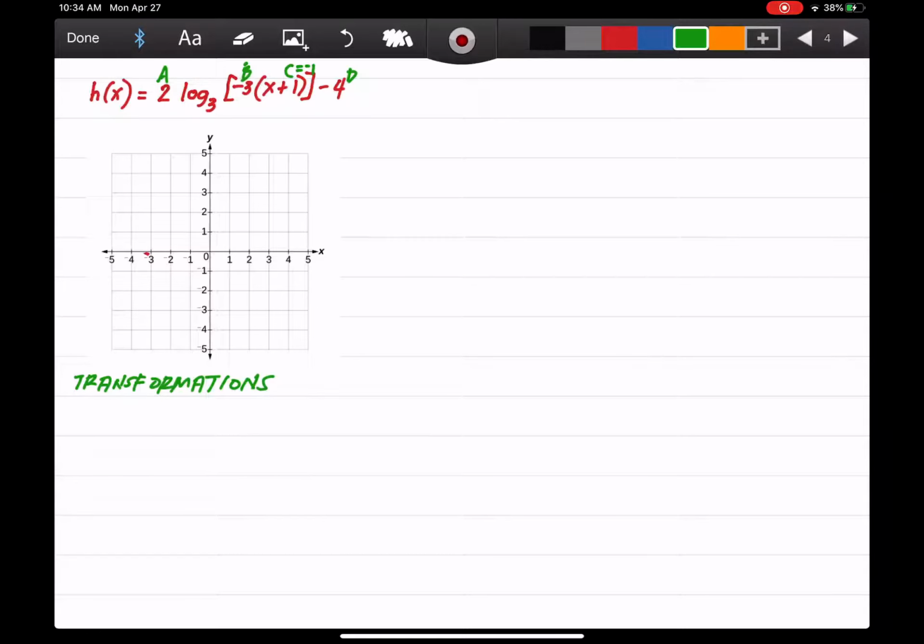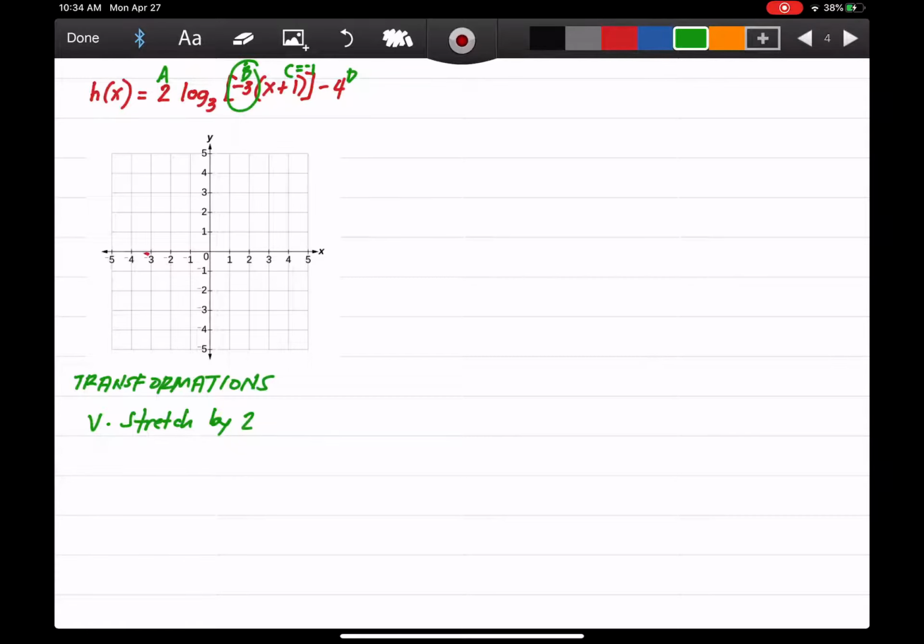So your A is 2, and that's a vertical stretch by a factor of 2. And this B right here has a negative, right?